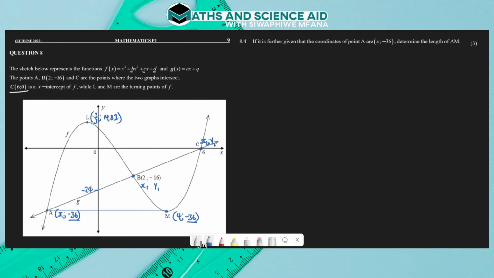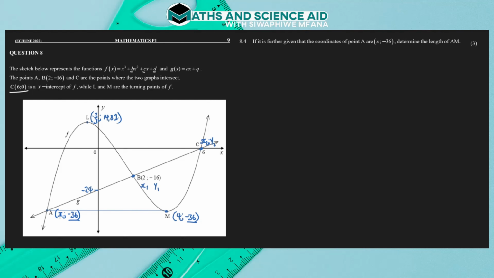So, of course, in order for us to be able to do that, we must work out this value of x, which is okay because we can see that A is the point of intersection between F and G. And we do have the full equations for both F and G. So we can use either one of them in order to work out this x value.